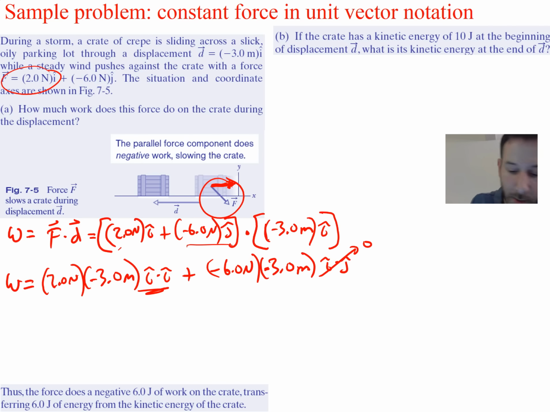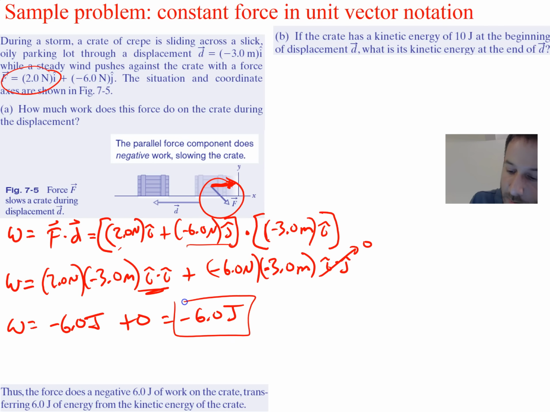Okay, so the work is simply negative 6.0 joules plus 0. So you get negative 6.0 joules as your final answer for work. All right, so let me just look at the bottom left here.